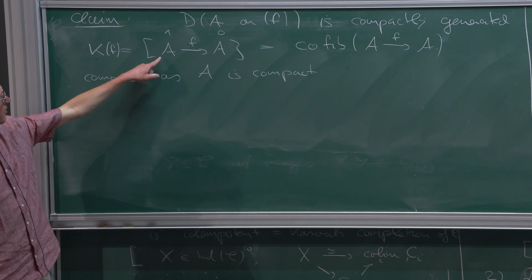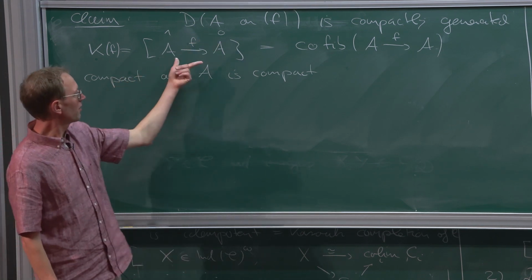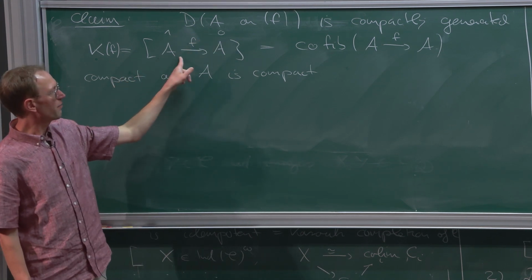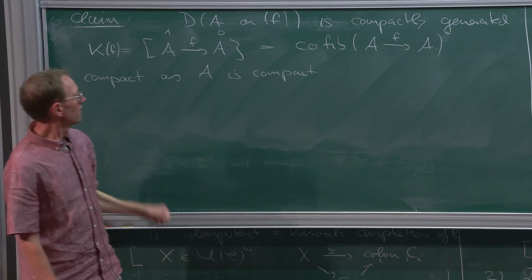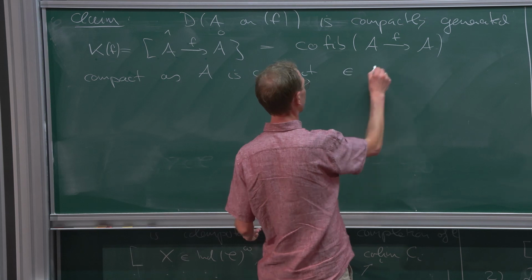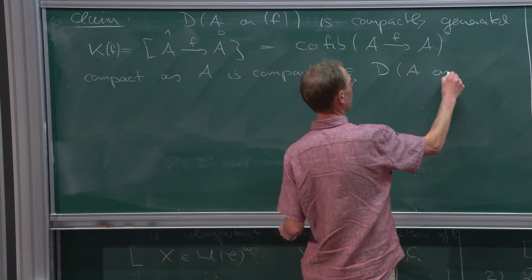Okay, so that's a compact object. It also lives in this category because if we invert F, then this map becomes an equivalence, so the cofiber vanishes. So it lives in D of A on F.